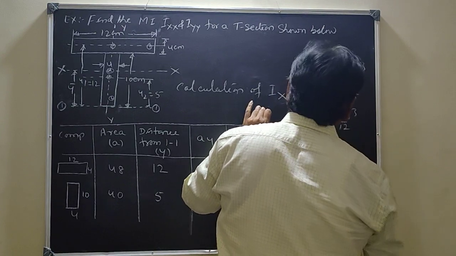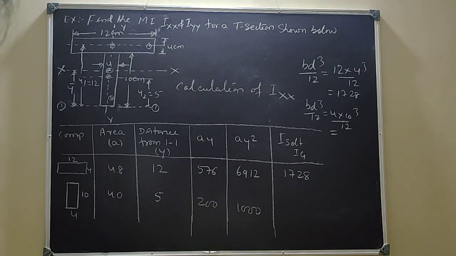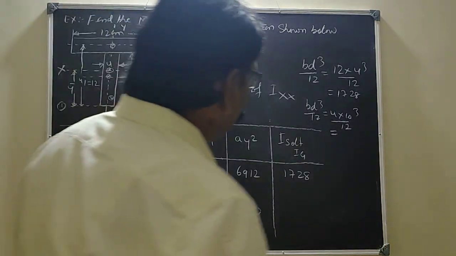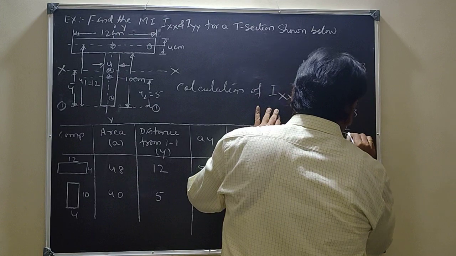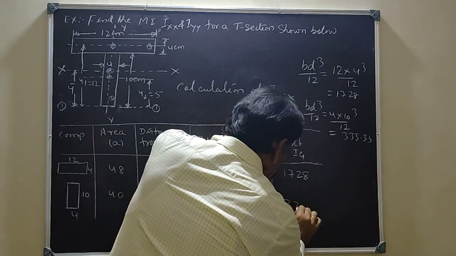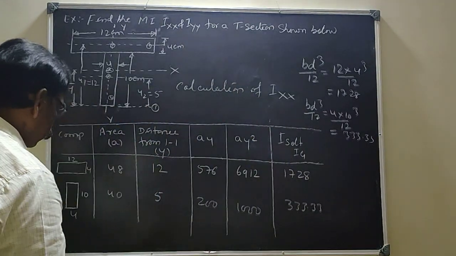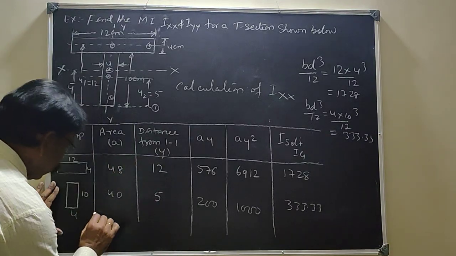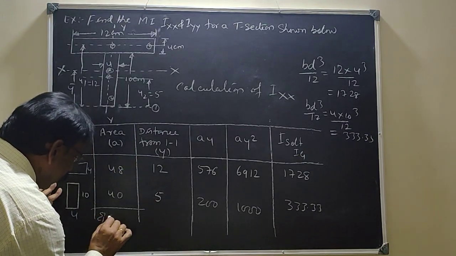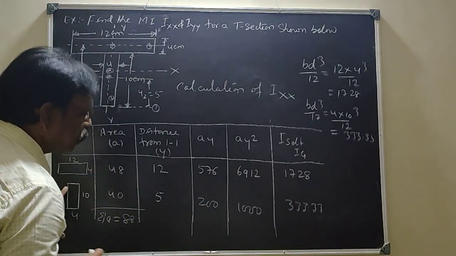So that you will get 333.33. Now after calculating this, sigma A, that is equal to capital A, will be 88.